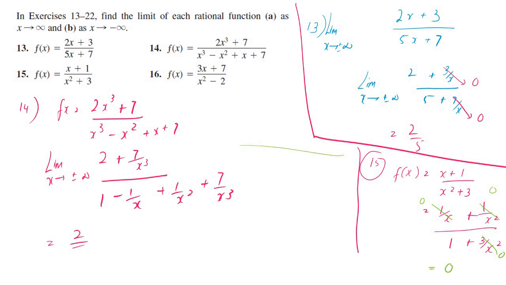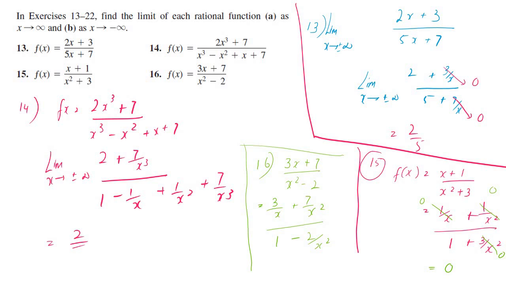So if we look at question 16, it's (3x plus 7) over (x squared minus 2). We divide the equation by x squared, so we get (3 over x plus 7 over x squared) over (1 minus 2 over x squared).